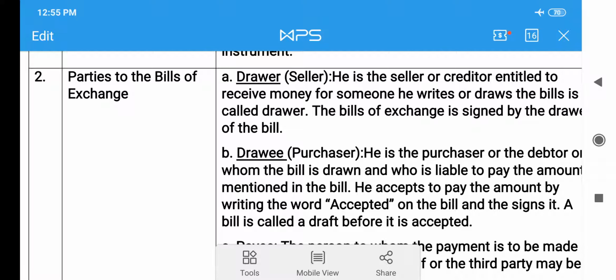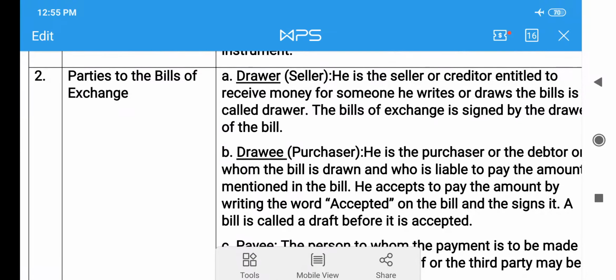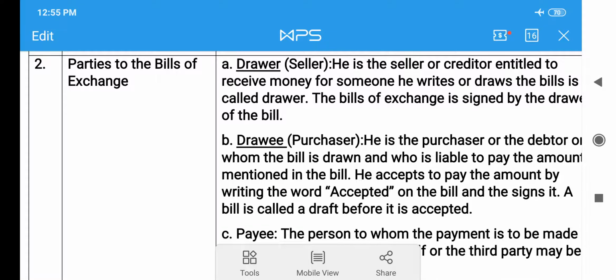Generally there are two parties, but sometimes we add one more party, so we say there are three parties involved in the bills of exchange. First of all, I will tell you the names of these three parties. The first one is drawer, which is also known as the seller.